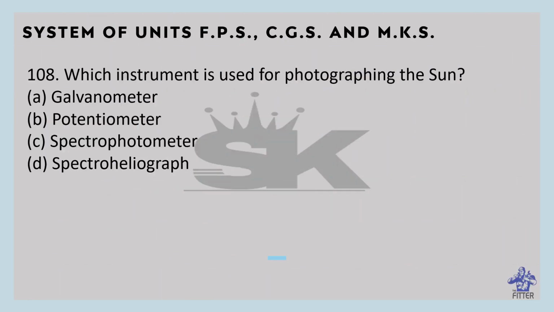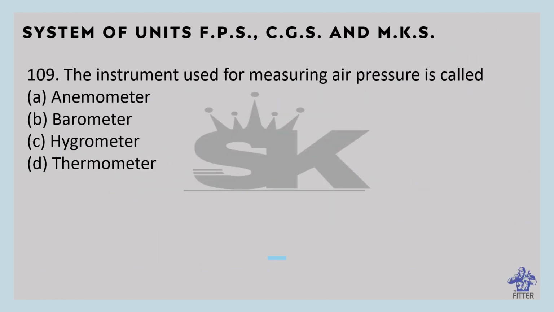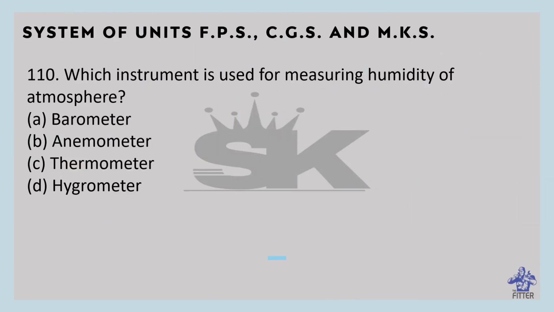Which instrument is used for photographing the sun? That is spectroheliograph. The instrument used for measuring air pressure is barometer. Which instrument is used for measuring humidity of atmosphere? That is hygrometer.